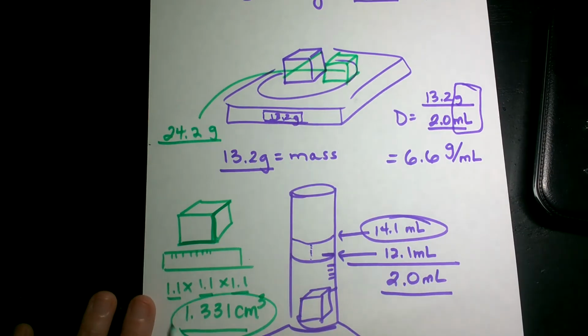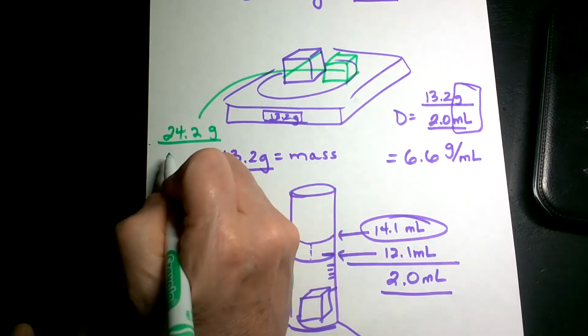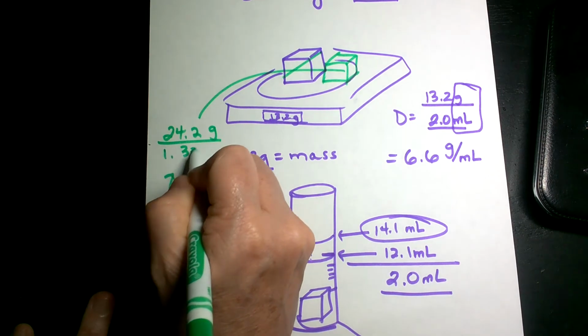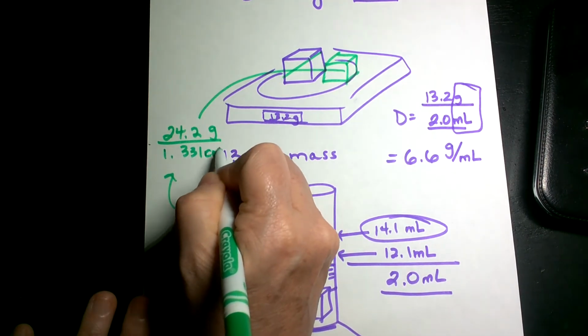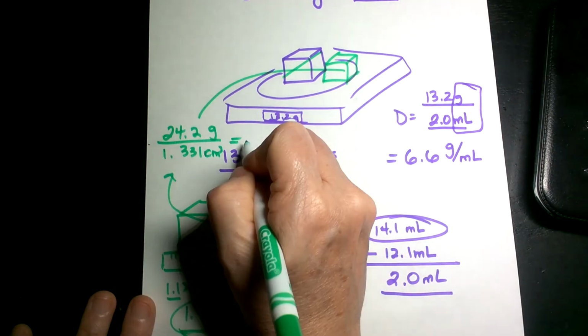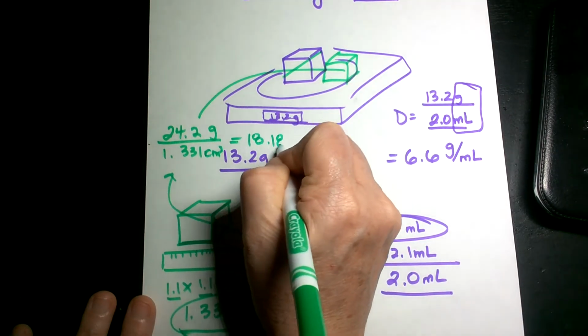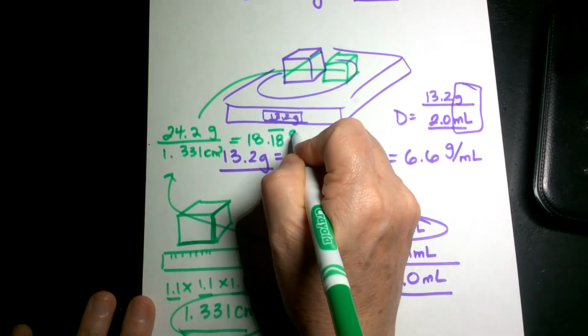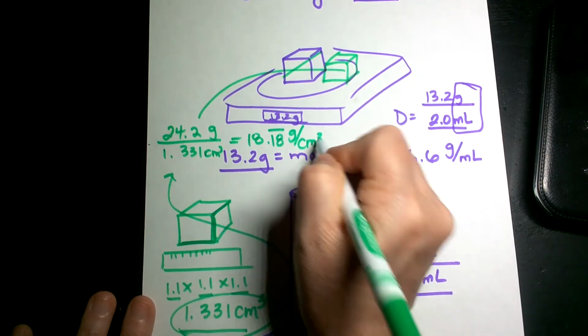And then we divide it by the volume that we found, 1.331 centimeters cubed. Now when we do 24.2 divided by 1.331, you're going to get 18.18 repeating, and then it's going to be grams per centimeters cubed.